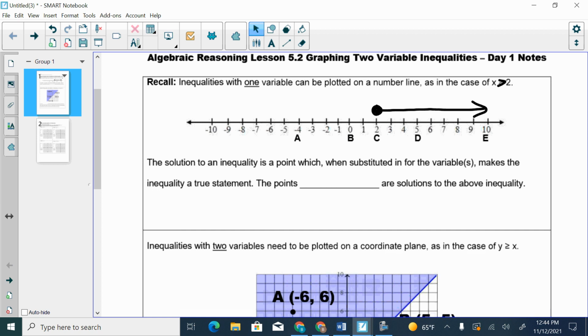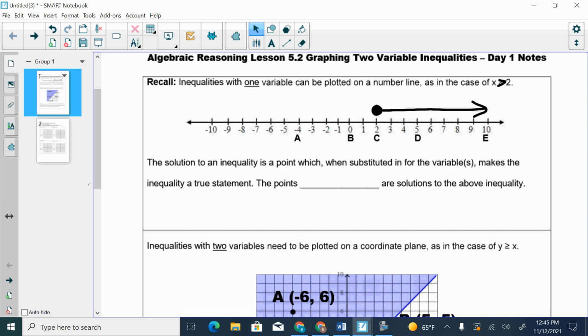All right. So then it says the solution to an inequality is a point which, when substituted in for the variable or multiple variables, makes the inequality a true statement. So then they ask, which of the points on this line fall in our solution? Our solution starts at 2, which is C, right, and goes this direction.